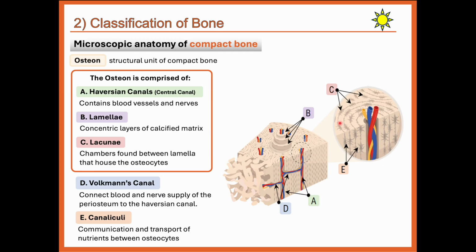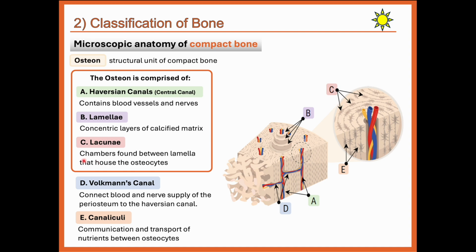And then in C, you see each of these in C is actually a bone cell. This is a lacunae, and I don't know if you could see this very well, but you see this light gray and a dark gray, right? So the light gray is called a lacunae, right?